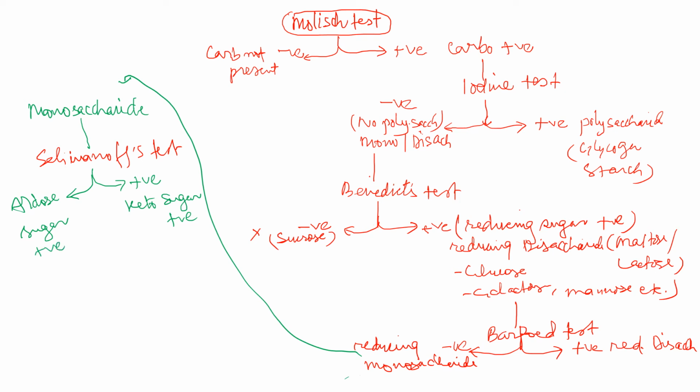Keto sugar, for example, we have fructose. And aldose sugar we have glucose, galactose, mannose, etc. So this is how you are going to identify your unknown solution of carbohydrate.